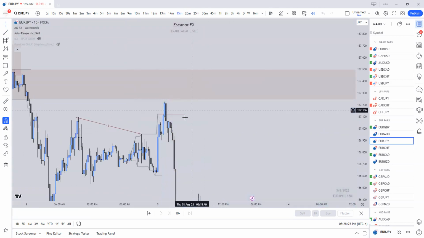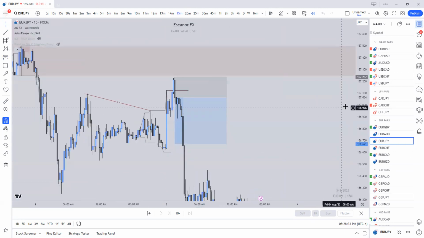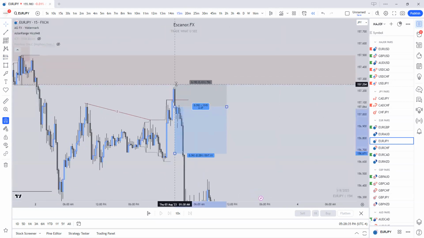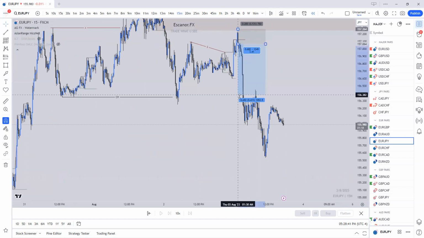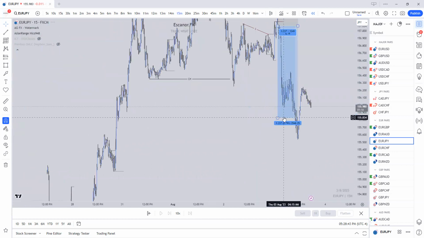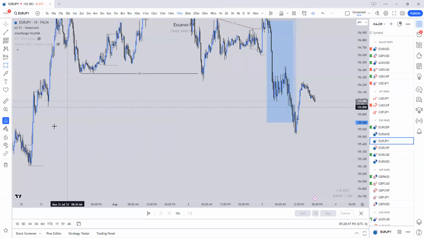If you were on the chart watching Euro JPY, you could take a short from this engulfing candle and set your stop loss here with a 20 pip stop loss, and target the previous day low, or target this fair value gap here.